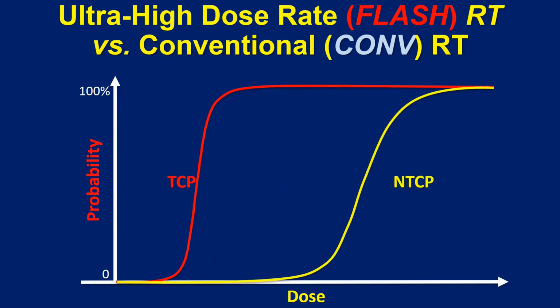We will end up with a much wider therapeutic window. Now we can achieve almost a perfect TCP with minimal NTCP with a higher dose. Ultra-high dose rate, or flash RT, has the potential to enable us to do so. The differences between these two NTCP curves are observed in recent studies.